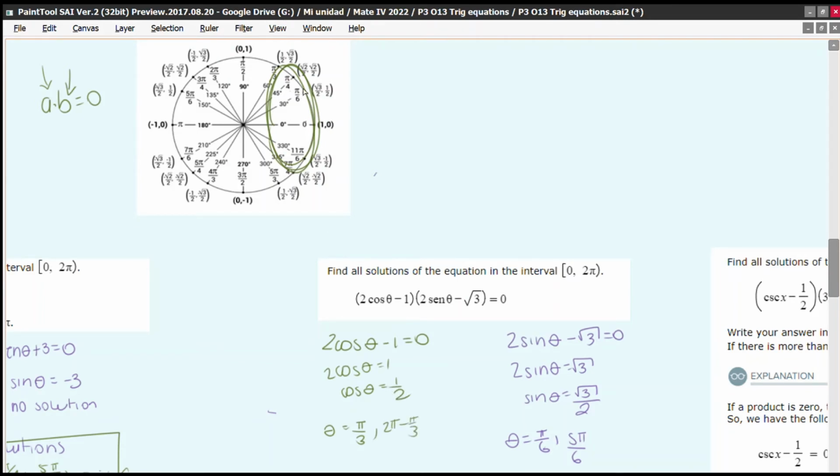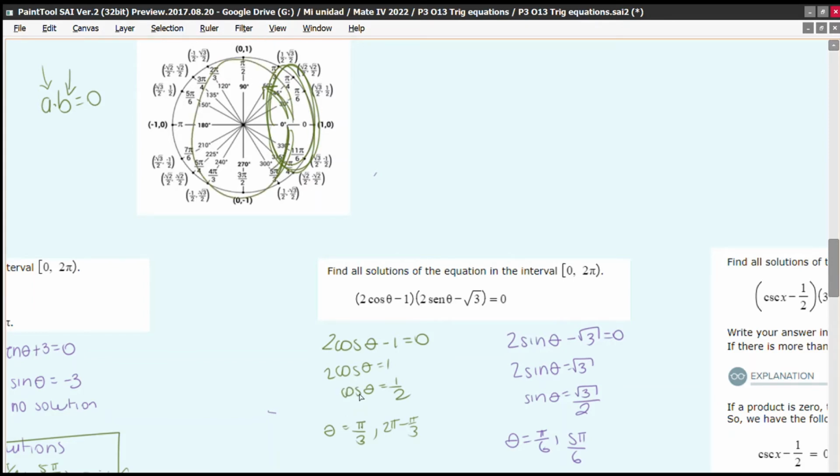Why? Because remember, I cannot have negative answers. It would be easier if I just selected this angle pi thirds and the negative angle that goes the other way, minus pi thirds, right? That would be easier because I only want positive answers. So my answer has to be a full spin minus the reference angle.